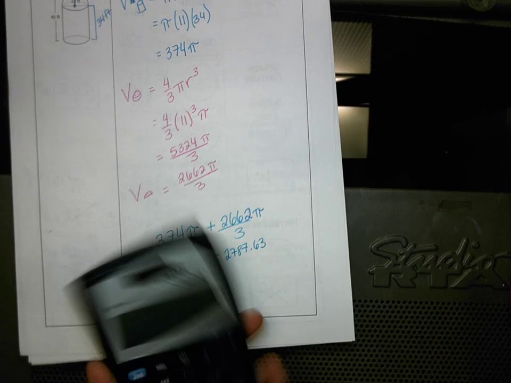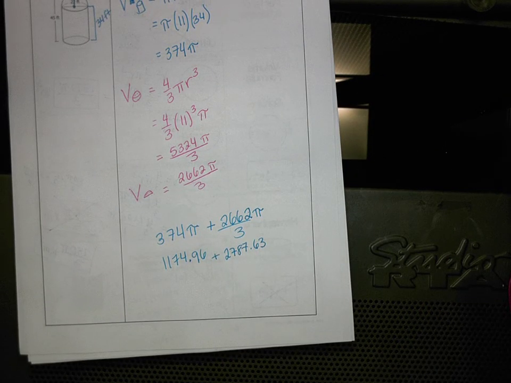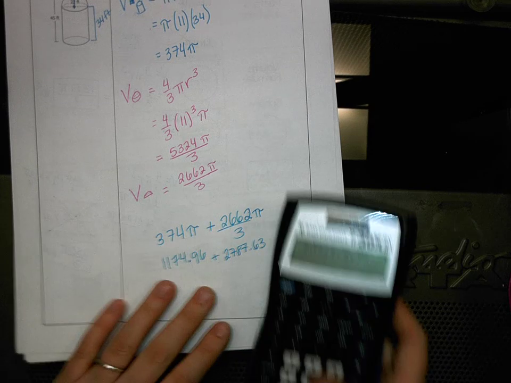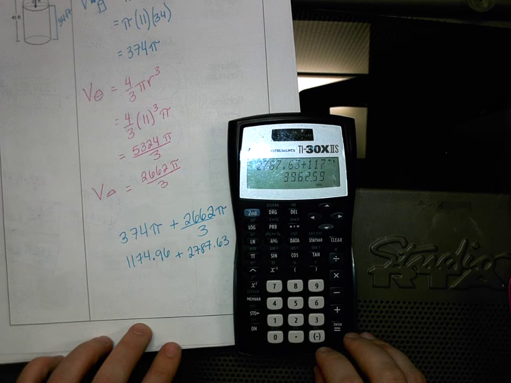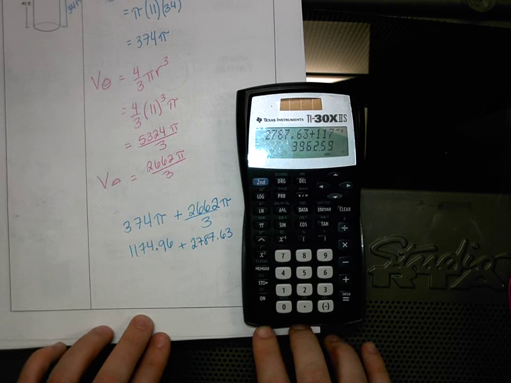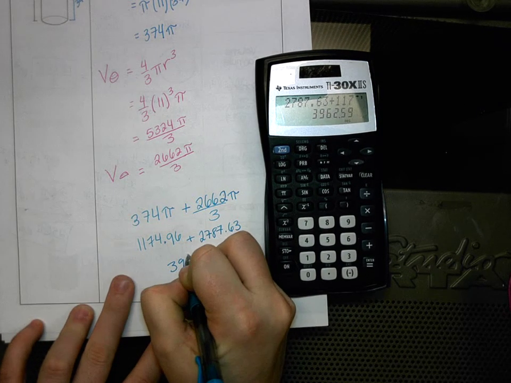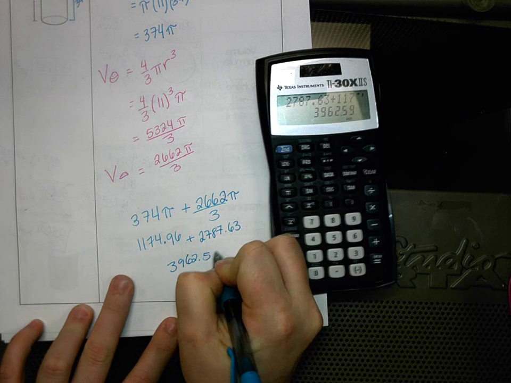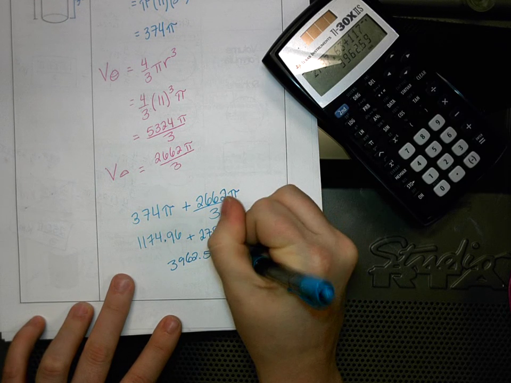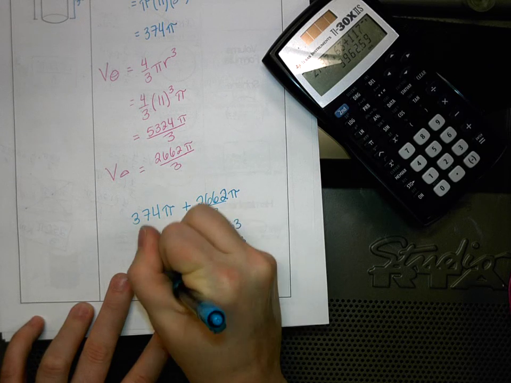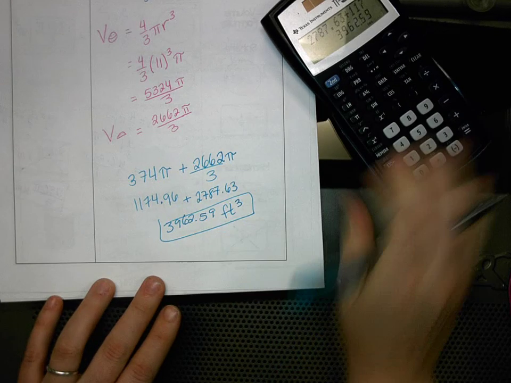And I'm going to add those together. So adding those together, I get 3,962.59 feet cubed, which is the maximum amount of grain the silo can hold.